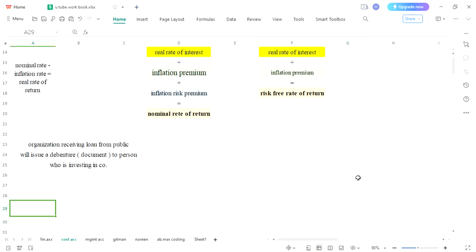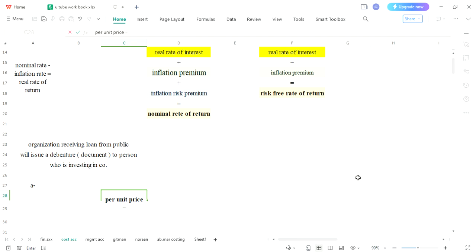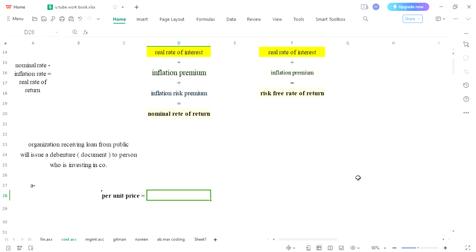Alright, we are going to solve part A, for which first step is to know per unit, or first we will write a universal formula per unit price. How would you know per unit price? For that, you will see how much total amount you have and will divide it with number of units.